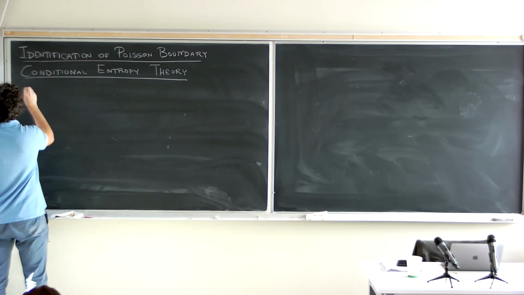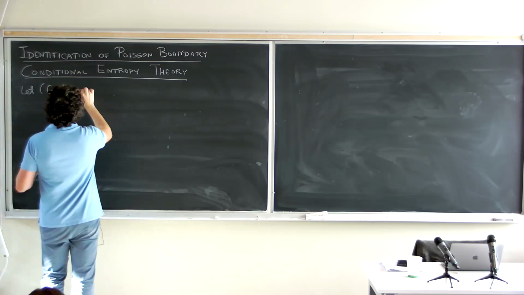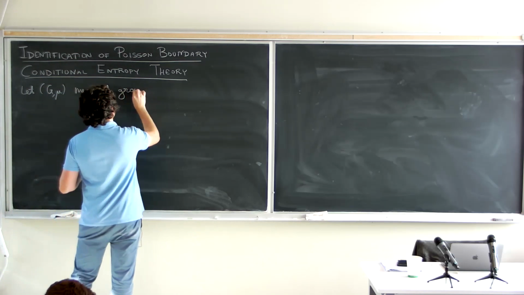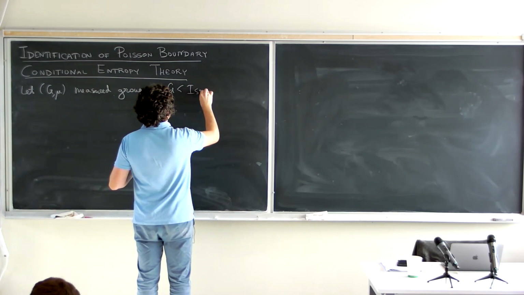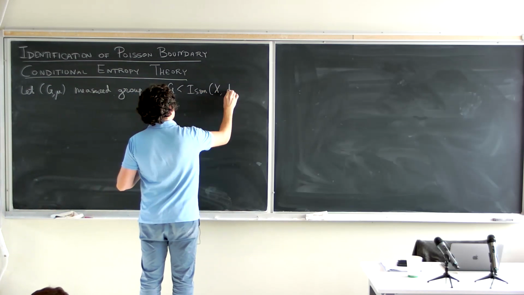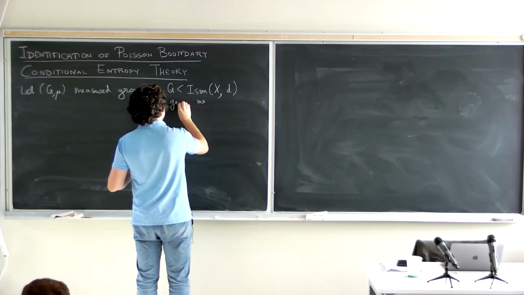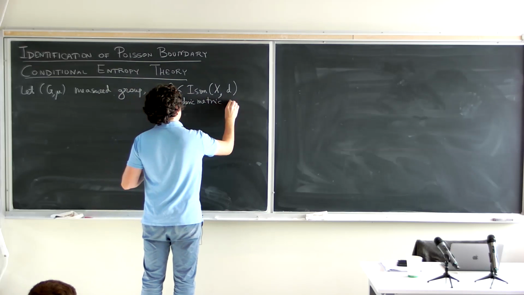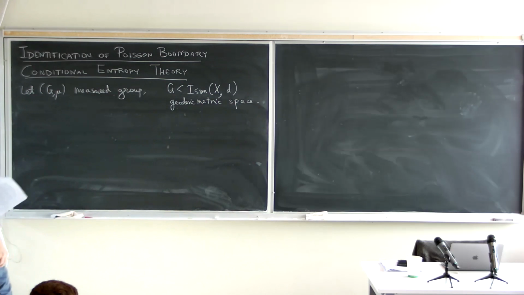Recall, in the geometric situation we have again G, mu, a measured group, and G acts by isometries on a geodesic metric space X. Maybe geodesic is not always needed.